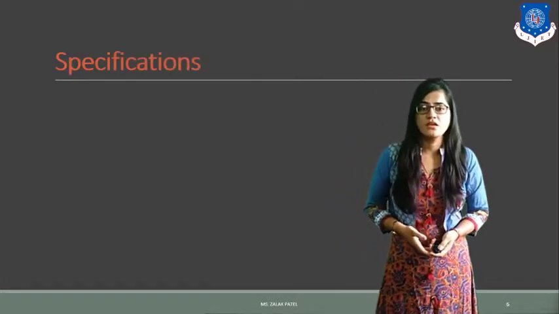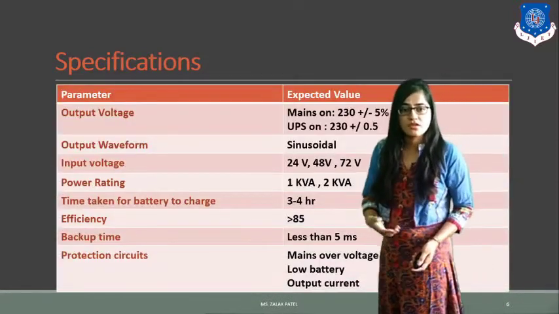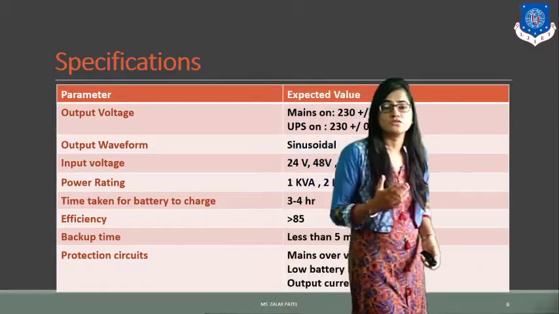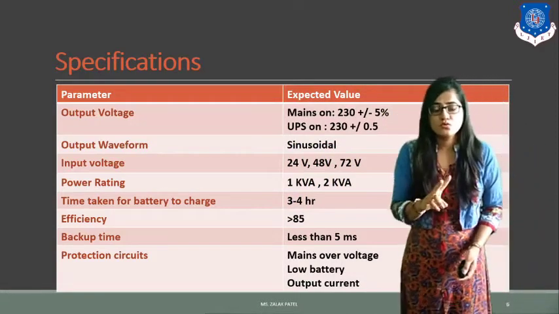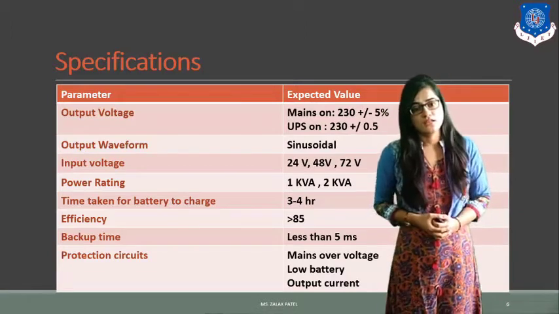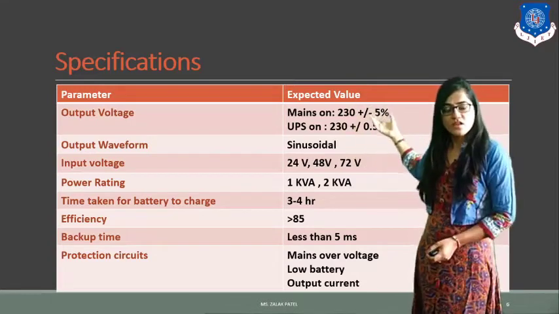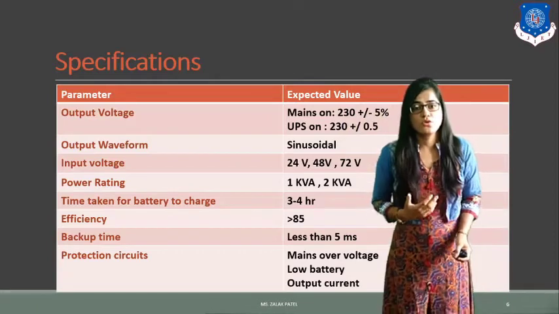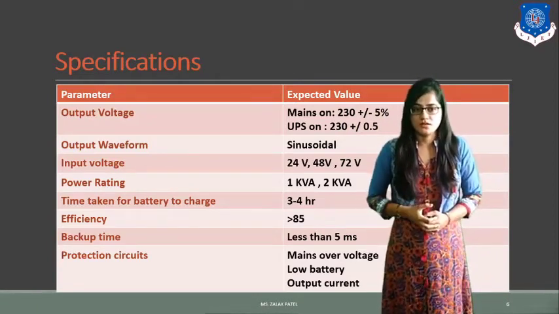So here it can have different specifications. Let's see what the specifications for the circuit are. First, the output voltage expected range. Because two static switches are used, one for the main and one for the UPS, the main has a different voltage variation and the UPS has a different one.